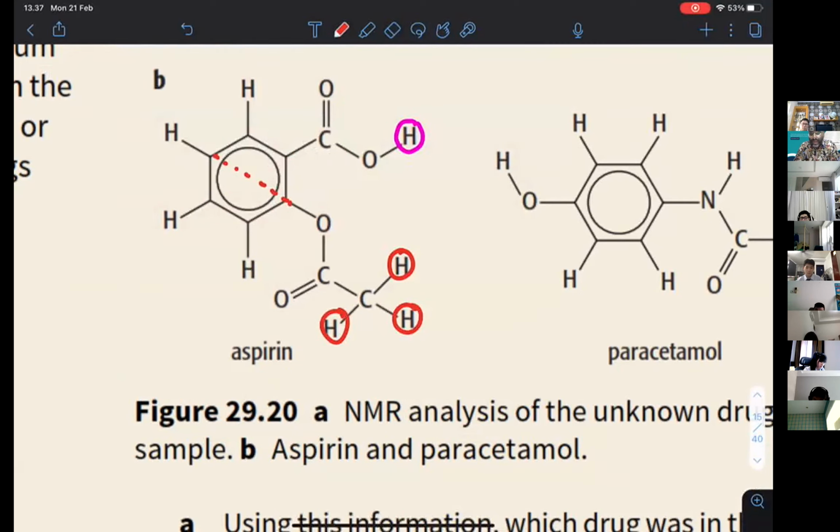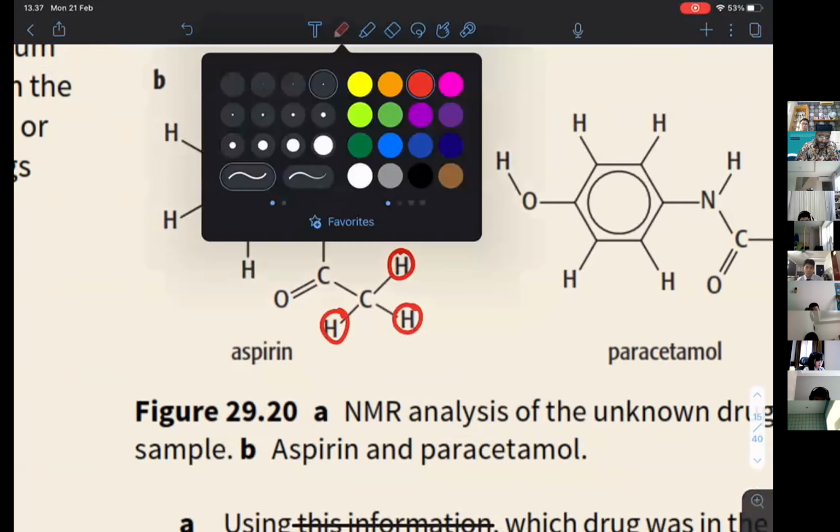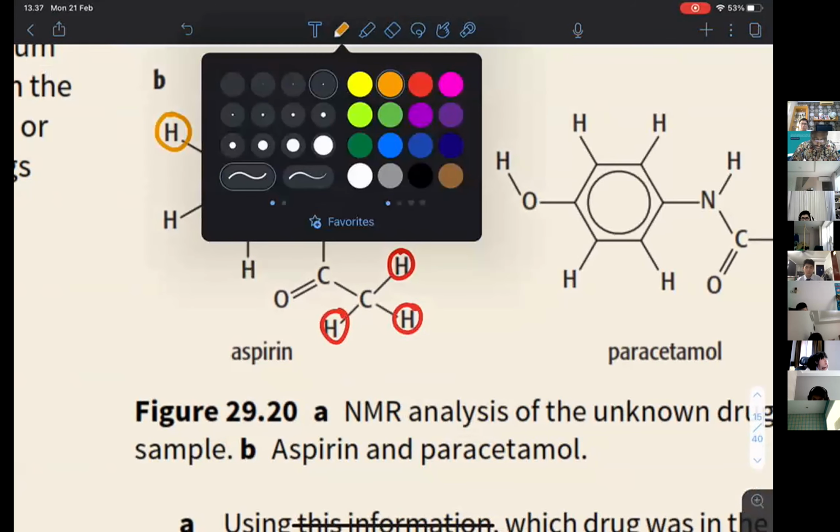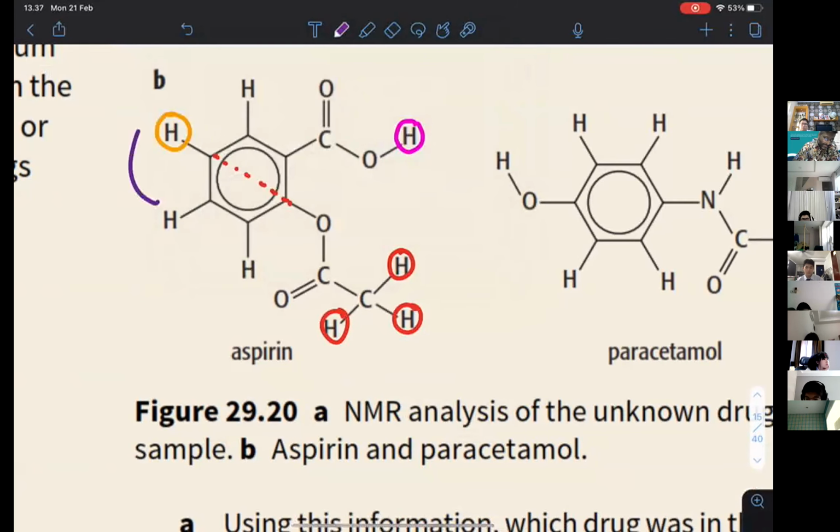By any means you draw, I will identify that this is going to be one environment. Now I cannot conclude that these two are the same.